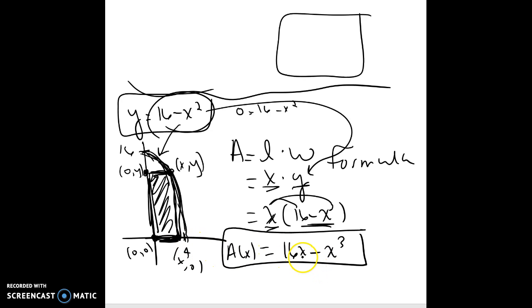If I have 4, notice 4 times that and 4 times that, we get 0. So if you have 0 to 4, you're good. If you want to make it a little larger, like 0 to 5, that doesn't hurt. And then your output is the area. So if it's 4 by 16, that's going to be outside of here, correct? So pick a number, whatever you want.